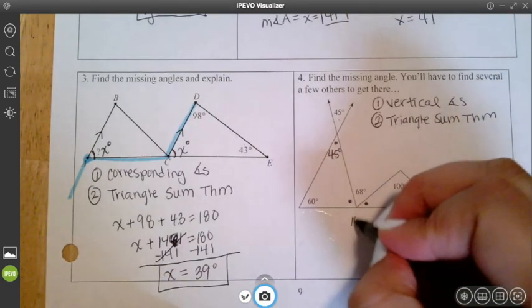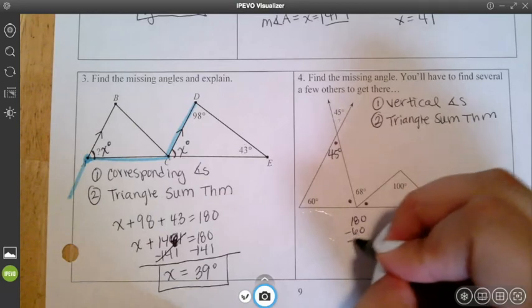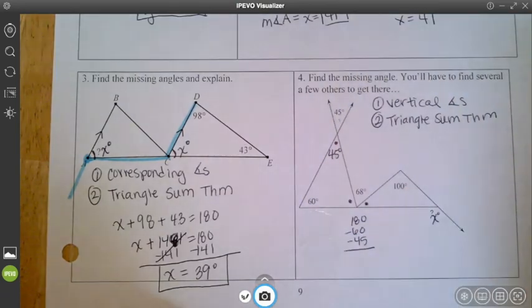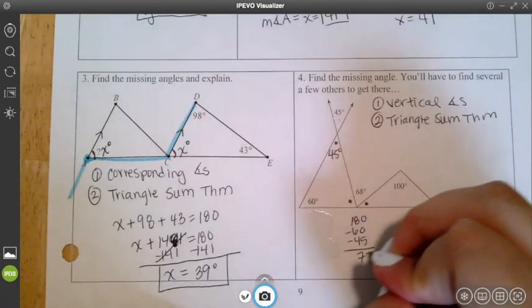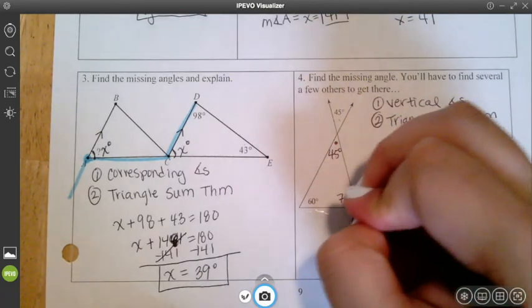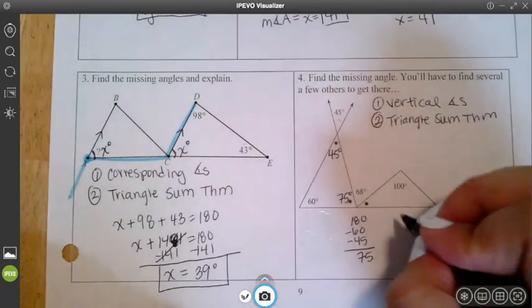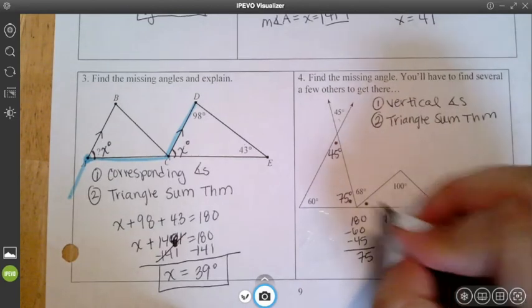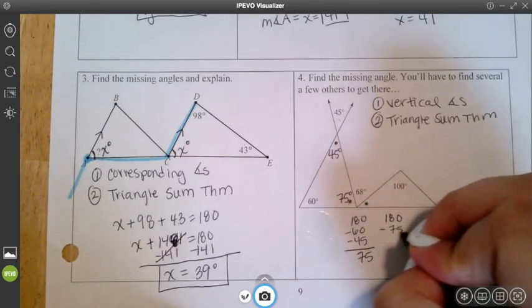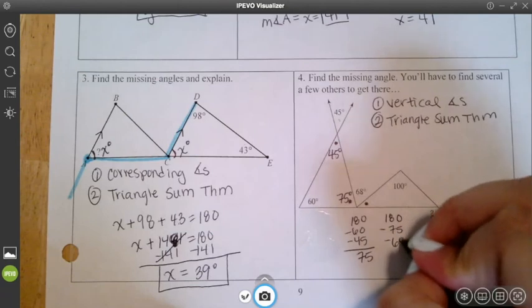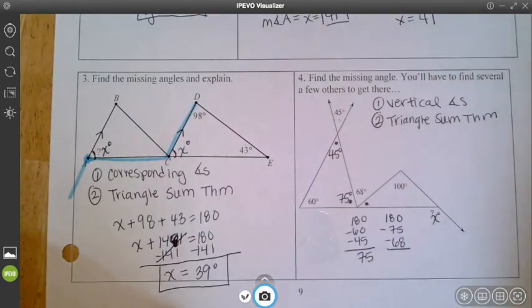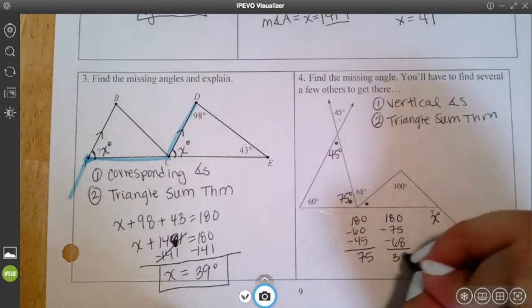Do 180 minus 60 minus 45, which gives us 75. And now I have 3 angles that make a straight angle. Those have to add up to 180. So again, I have 180, but now minus 75 minus 68. And that gives us 37.